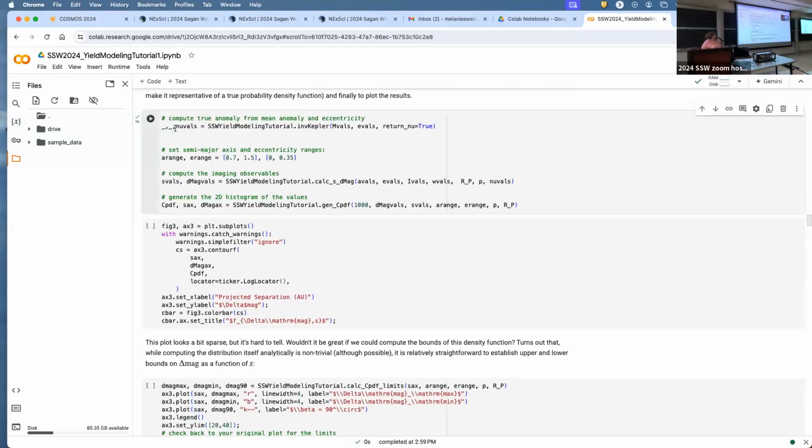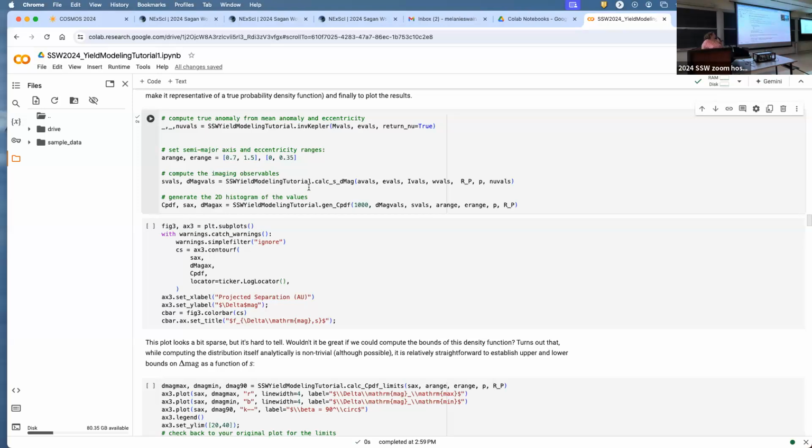All right, so I ran this cell, which has this method here to invert the Kepler transcendental equation, to turn mean anomaly into true anomaly. Then note that we're setting the semi-major axis range as well as the eccentricity. And then we're computing our observables, the separation and the delta magnitude, right here.